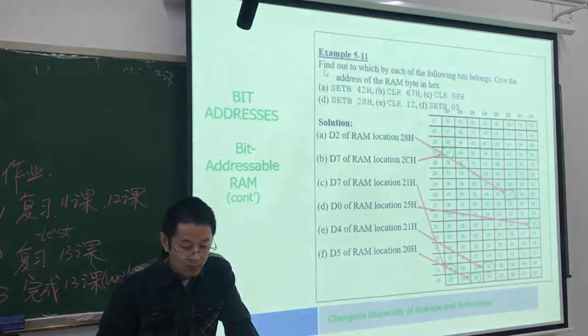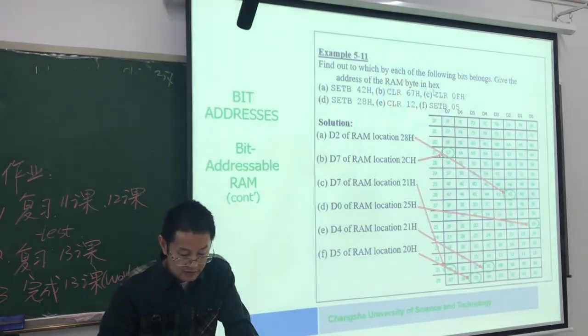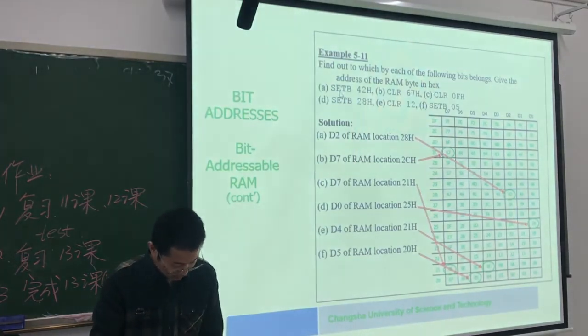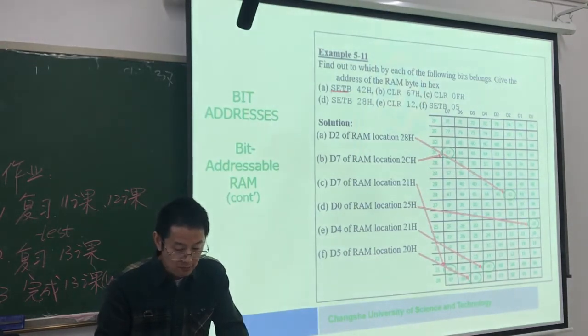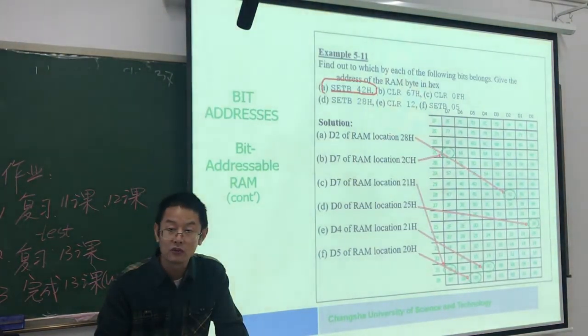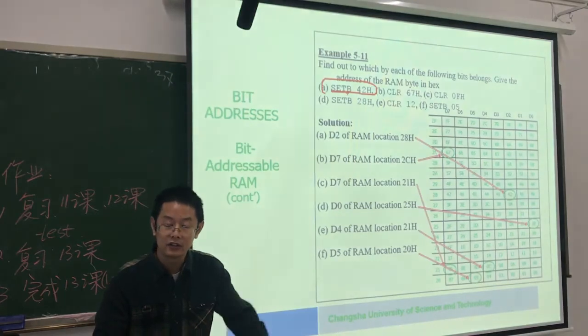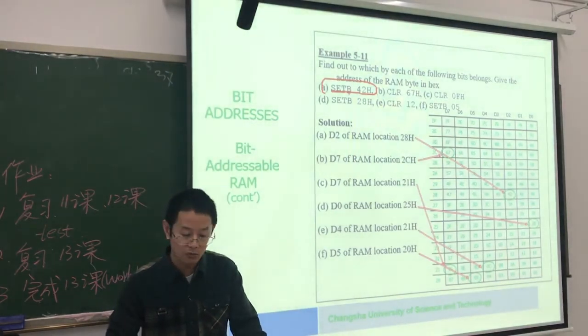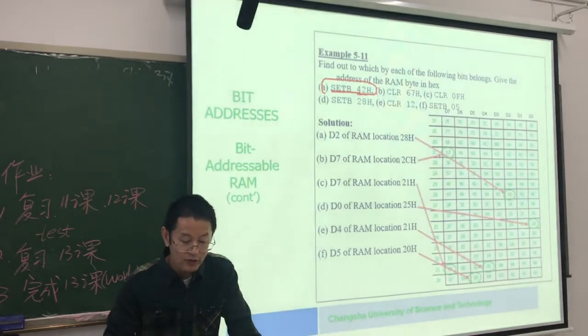This is the example. Find out which byte each of the following bits belongs to. Give the address of the RAM byte in hex. For example, SETB 42H. SETB is a bit instruction, which means 42H is a bit address.